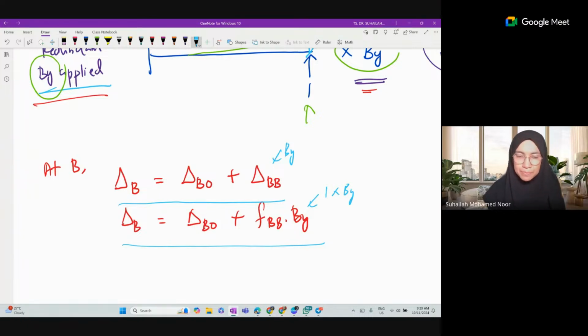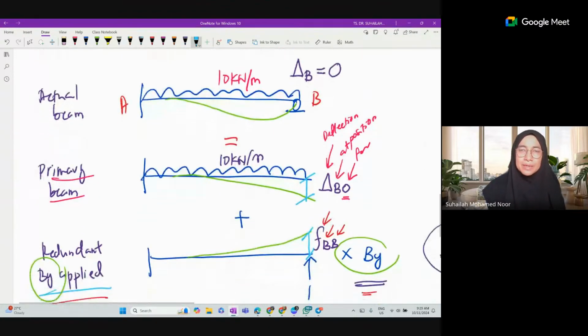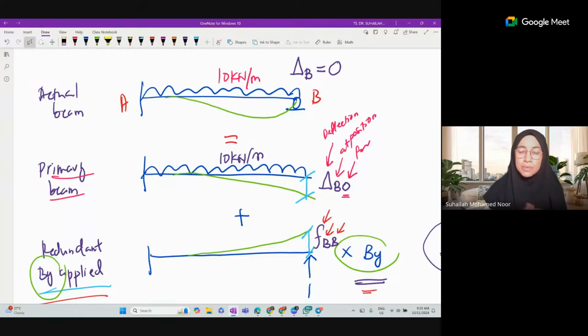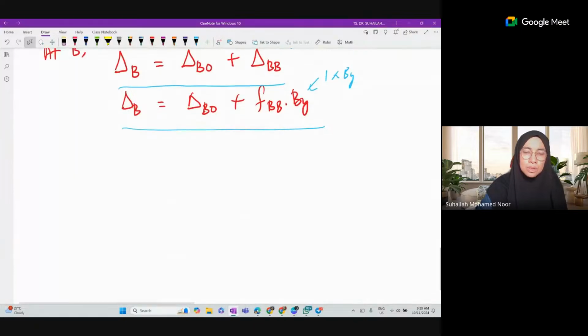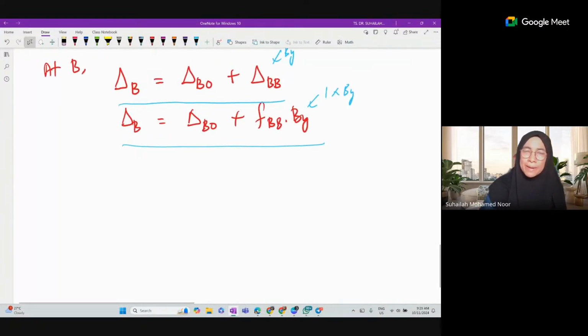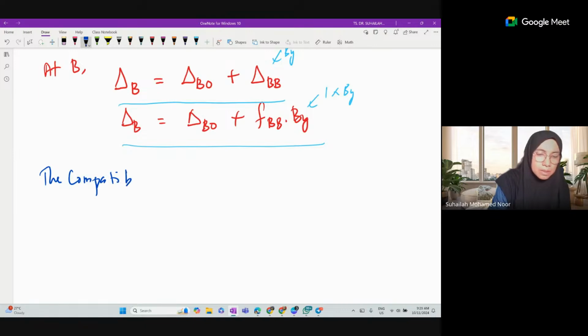All displacements we get from this diagram, to complete the compatibility equation.